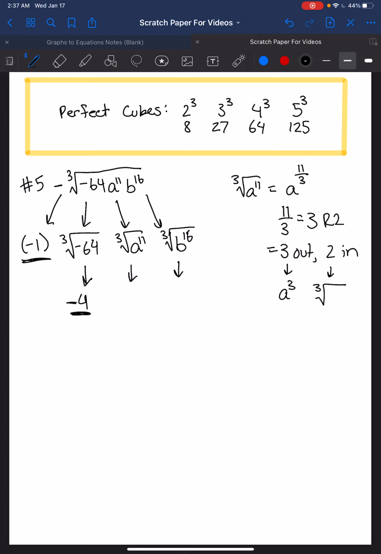We have a cube root here. And then this is our exponent on a, so it's a squared. And then we would multiply them together. So over here, I'll write a cubed times the cube root of a squared.